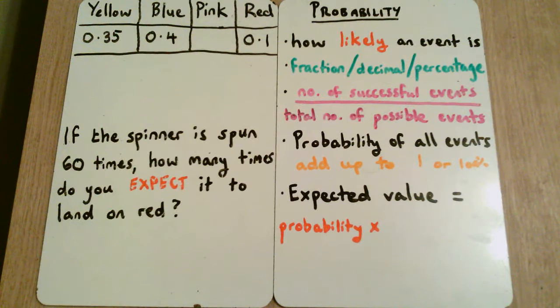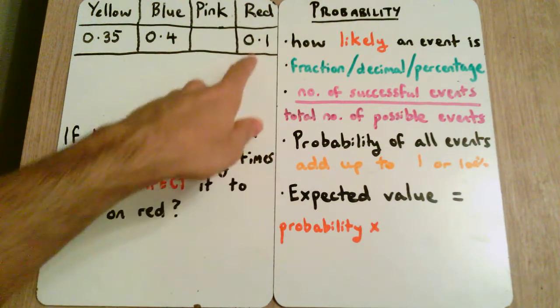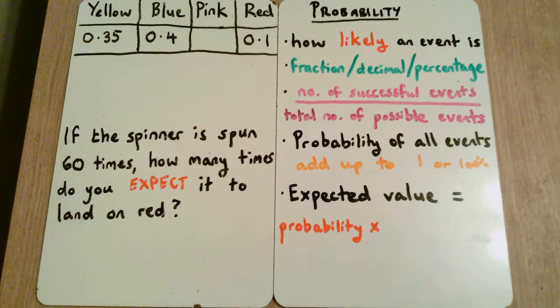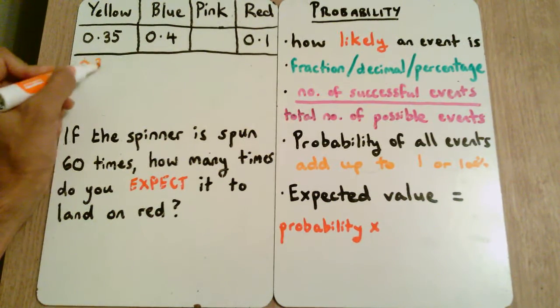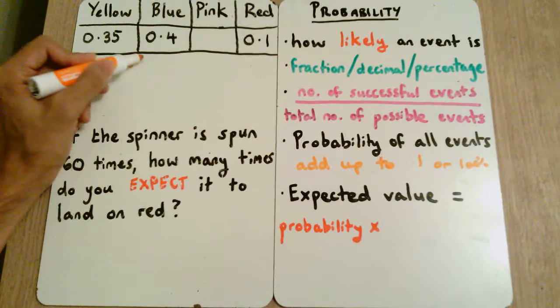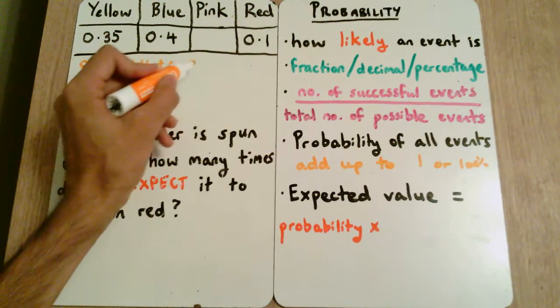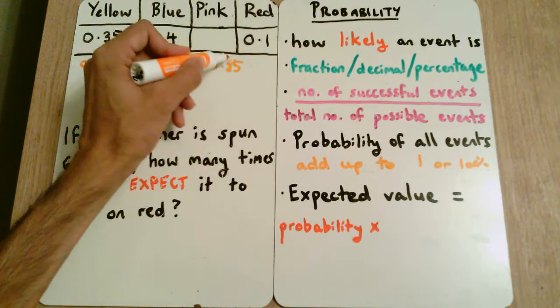Now for pink, what we do know is that the probability of all events adds up to 1. So I could add all of these up and see what I need left over at the end to make 1. If I add 0.35 plus 0.4 plus 0.1, I get a value of 0.85.